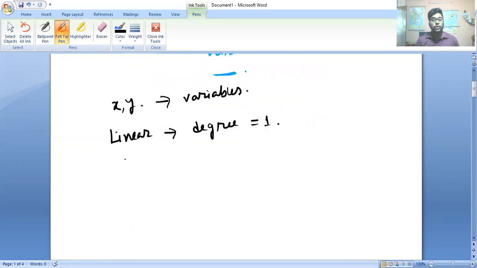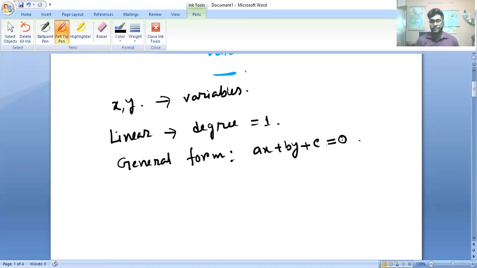So therefore, the general form would be ax plus by plus c. This is a linear expression. If I am going to write an equation, then it will be equal to 0.